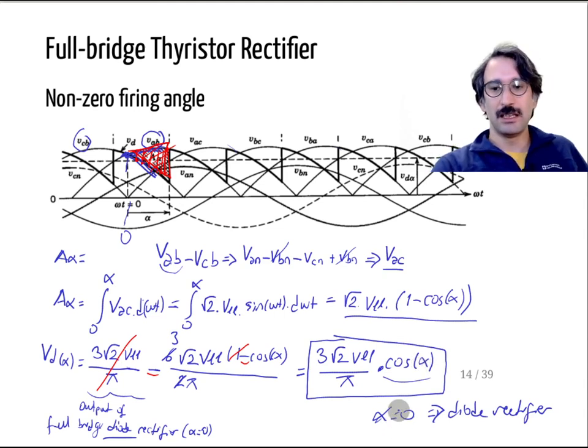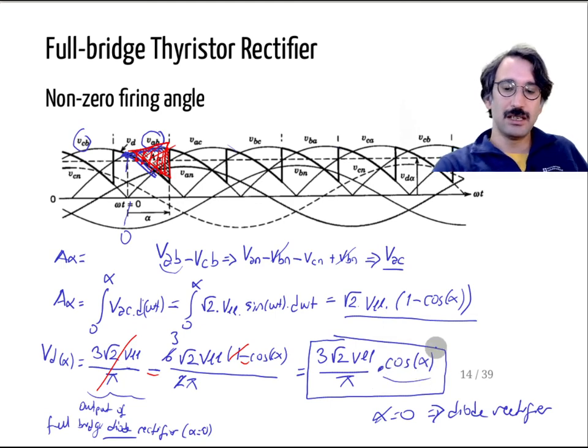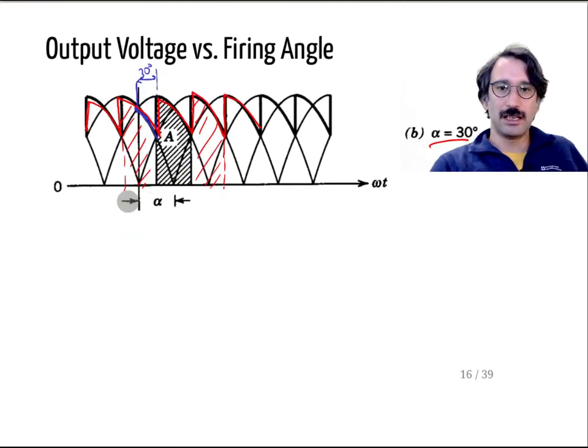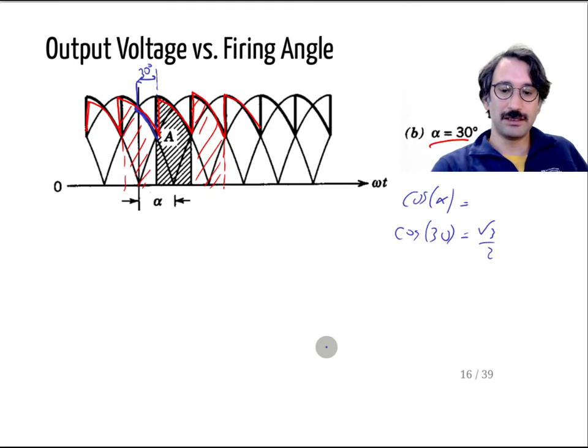So let's check that equation. 3 square root 2 VLL, some constant terms, times the cosine alpha term. Here alpha is equal to 0, I have that voltage. If alpha is 30, we have a reduction of cosine 30, which is square root 3 over 2 of the original voltage, 0.8 something.